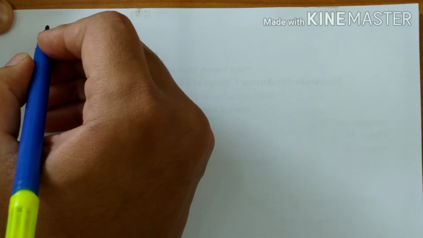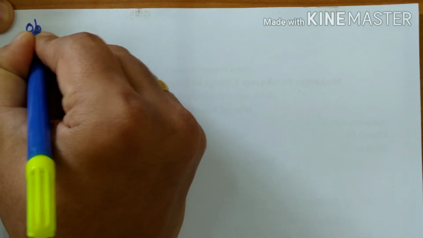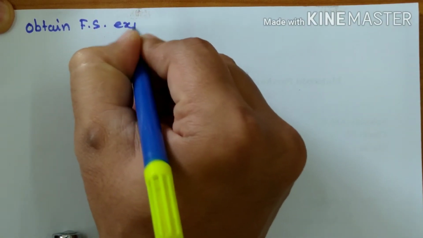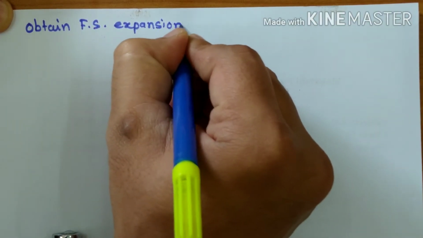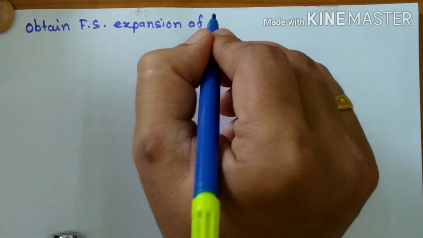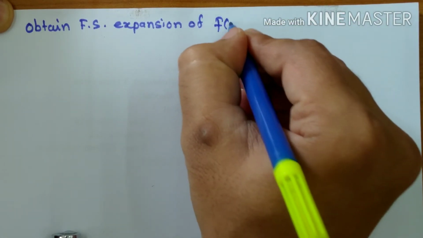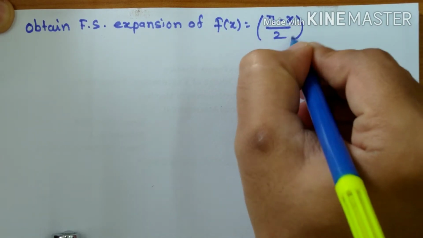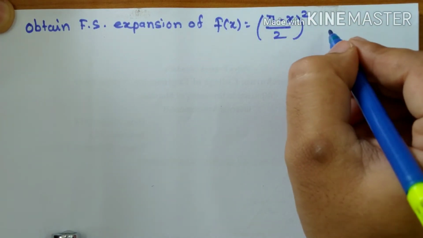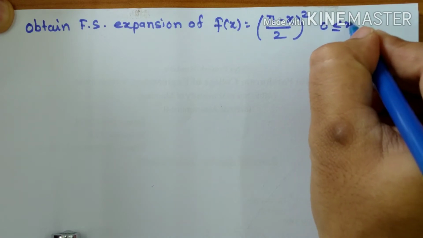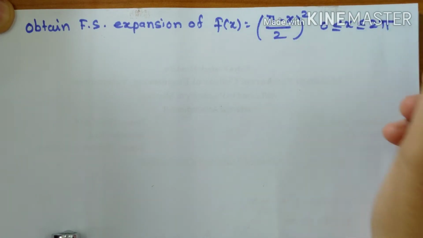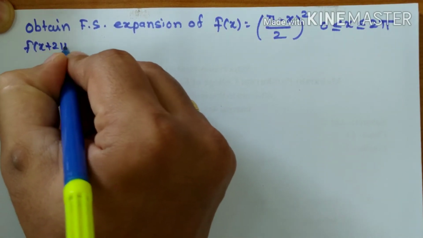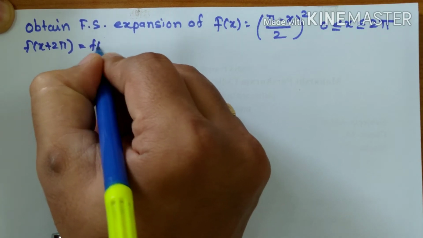Obtain the Fourier series expansion of f of x is equal to (pi minus x divided by 2) bracket square in the interval 0 less than or equal to x less than or equal to 2 pi, and f of x plus 2 pi is equal to f of x.